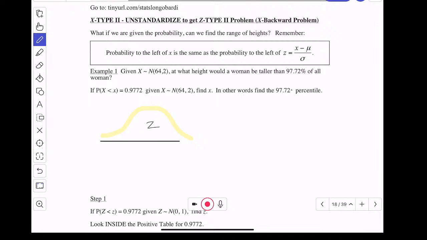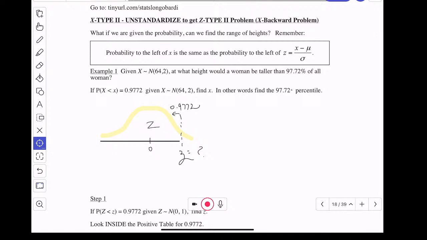So since 0 was here and that's 50%, this must be over here in Z. Now I'm going to find out how many standard deviations we are away first, and then I'm going to convert it back into this variable x. So since this will help me find where I am relative to the mean, that later I can translate it or transform it back.